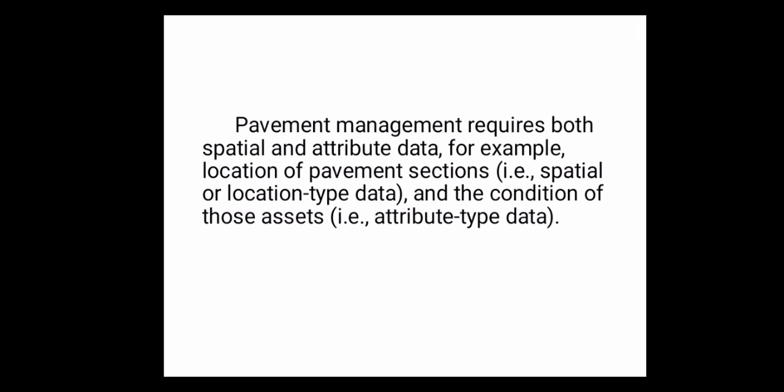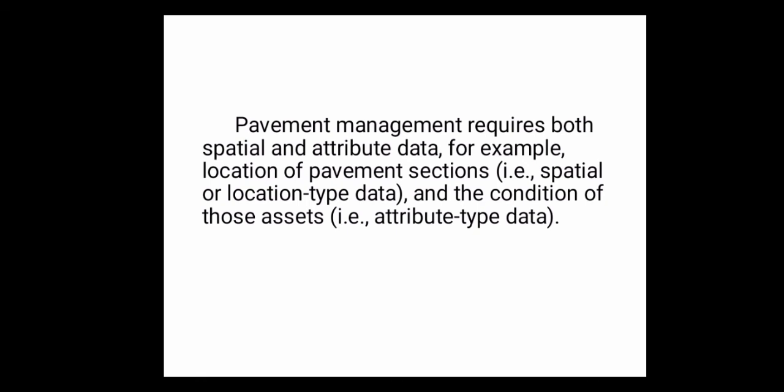For example, the location of a pavement section, which is spatial or location type data, and the condition of those assets, which are attribute type data. Other pertinent information is required regarding each highway section, such as year of construction, condition history, and maintenance history.